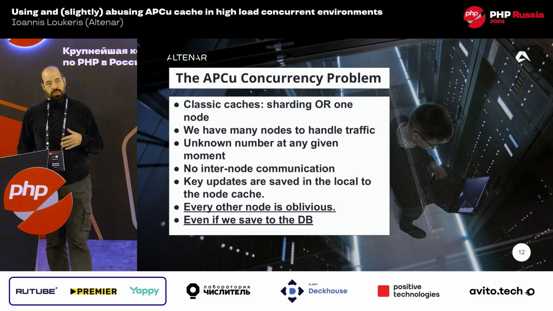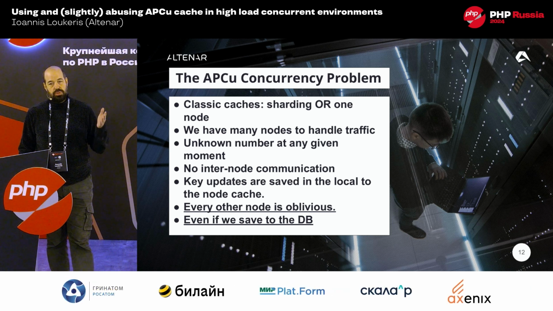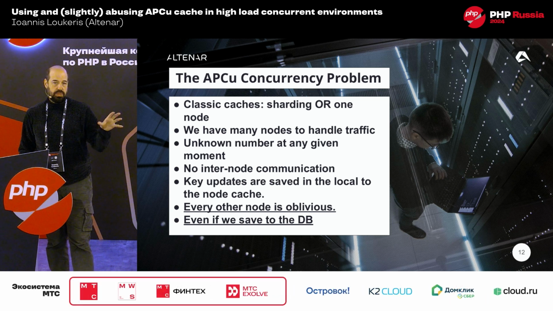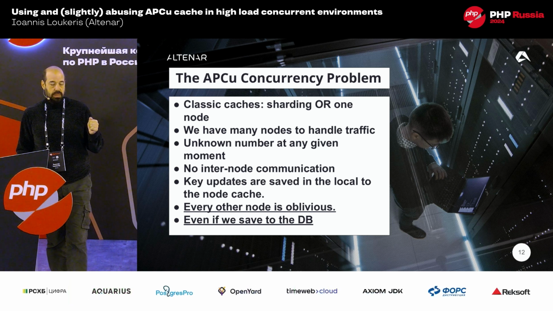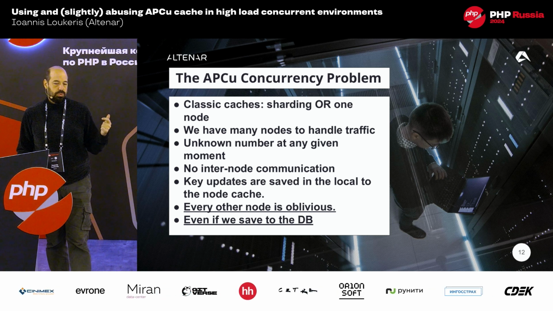Classic caches use sharding, so they split your data into different pieces, and each caching node has a different piece. Or for smaller projects, you get one big node that handles all caching for your whole thing. But in Kubernetes or auto-scaling VMs, we have many nodes handling our traffic.